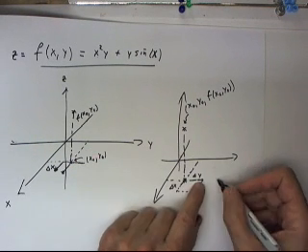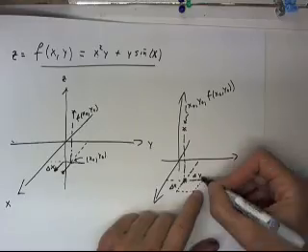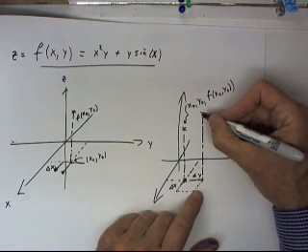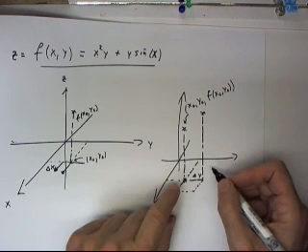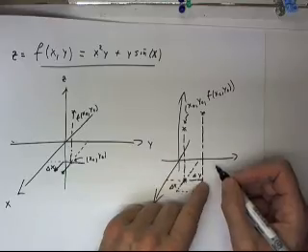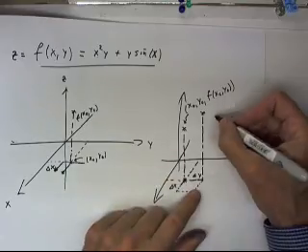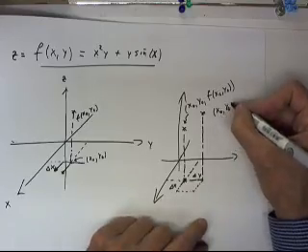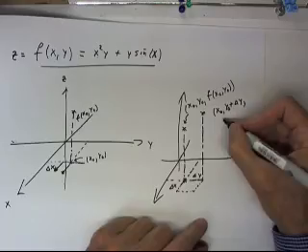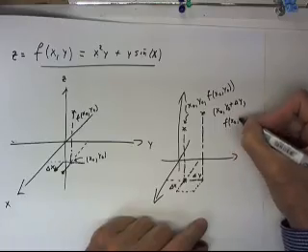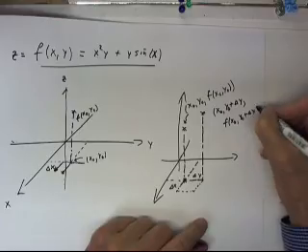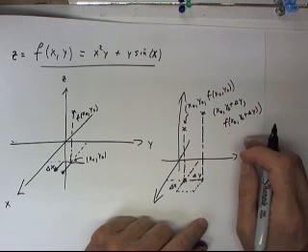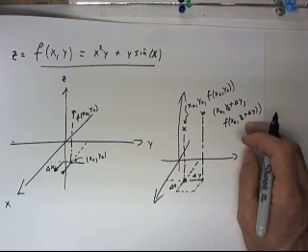And let's assume that z increases between this point and this point, so that this point is going to be x naught, y naught plus delta y, f of x naught, y naught plus delta y. And the length of this vertical line is f of x naught, y naught plus delta y.